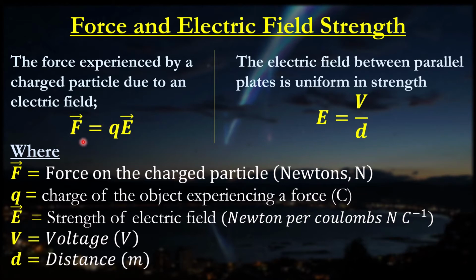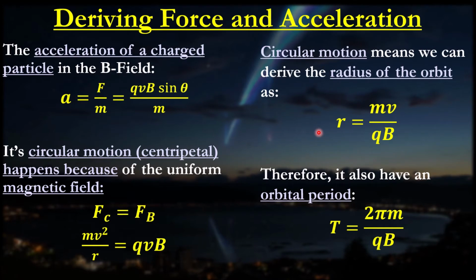So we know the force applied on a charged particle by a uniform electric field, so if the electric field is constant, hence our charged plates, goes through this. If we want to know the electric field strength of the plates, we use this formula here, voltage divided by the distance of separation. And then we can also work out some other things with the magnetic field. These are the equations we're using here. This is from Module 6 as well.